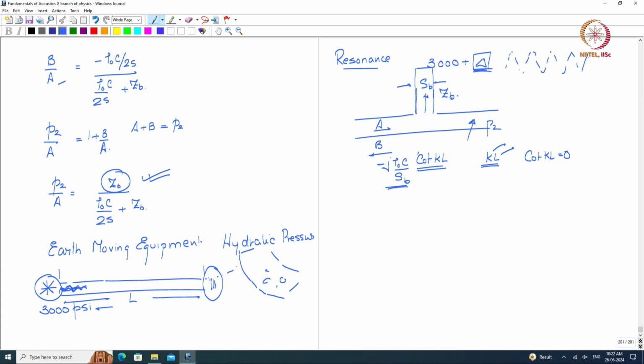There is not a significant choice with respect to K, because that is a certain frequency where oscillations are happening, but you can adjust your length such that cot KL goes to 0, or ZB goes to 0. If that happens, then P2 over A can go to 0. So here you can have 0 pressure, so you suppress the oscillations.